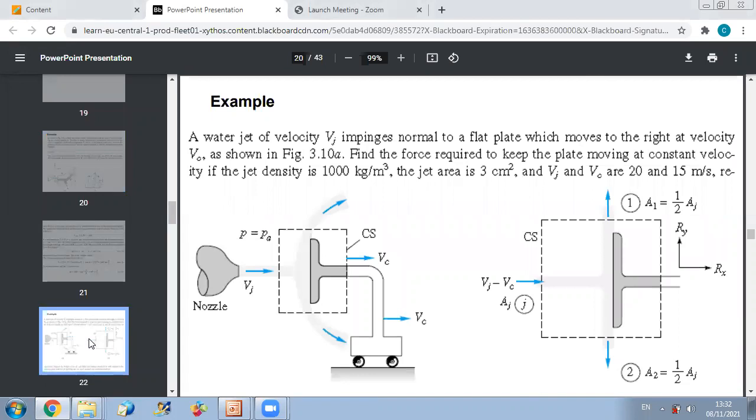So if you remember, last time we did the following example, and we said that in this case we could treat the problem in two ways. We could apply the linear momentum equation with absolute velocities, or we can deal with the relative velocities, and both methods will give us the same result, if you remember.